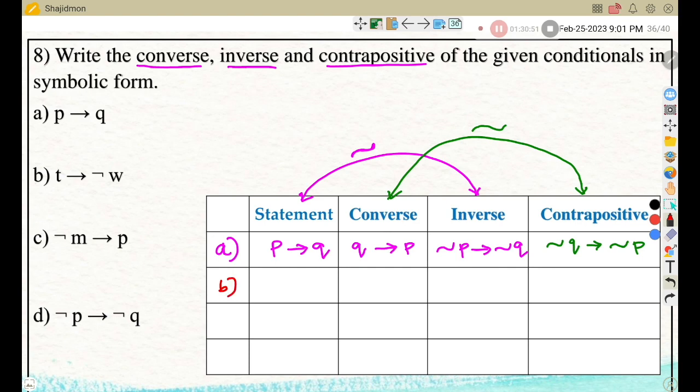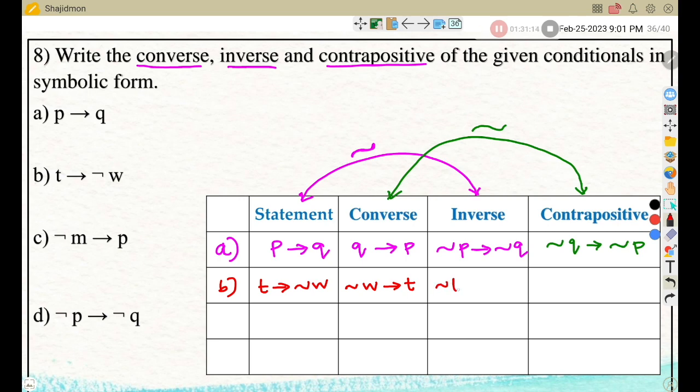B part. T gives negation W. This is the statement. So first converse. Negation W implies T, correct? Now, after that we need to write what is the inverse statement. Inverse means statement negation.